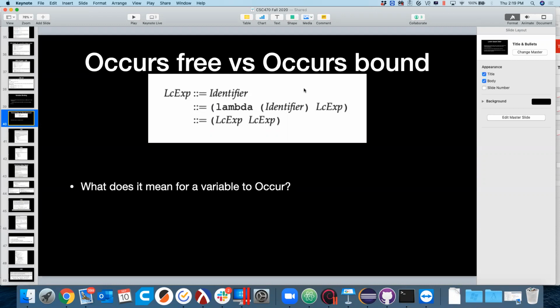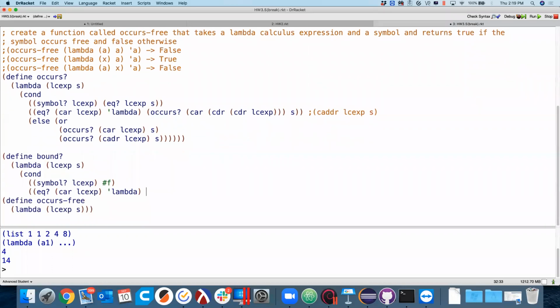It's French. So I need the car of the cadr. The cadr gives me the list whose first element is the list containing this identifier. The car of that gives me the list containing the identifier. The car of that gets me the identifier. So the car of the cadr. So equal CAADR, lambda calculus expression, and S.